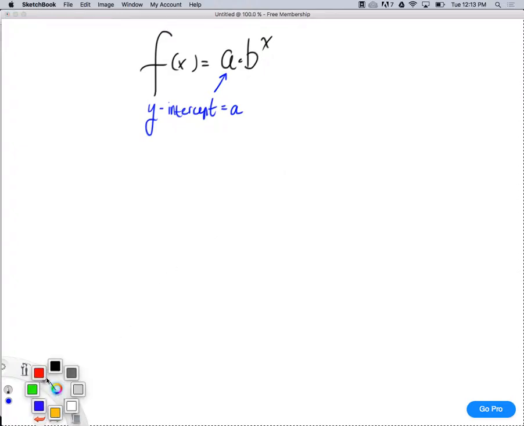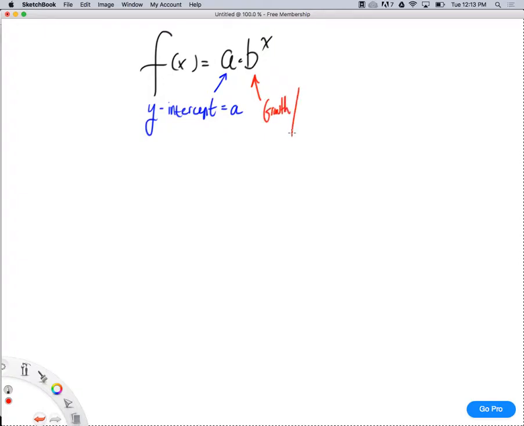And then the next thing is b, which tells us whether our function has exponential growth or exponential decay. And we might remember, if b is in between 0 and 1, then we've got decay.